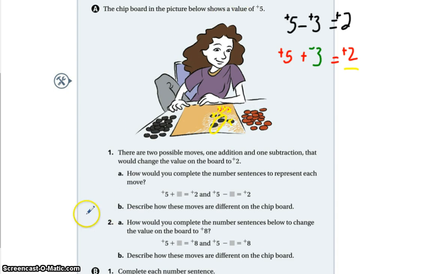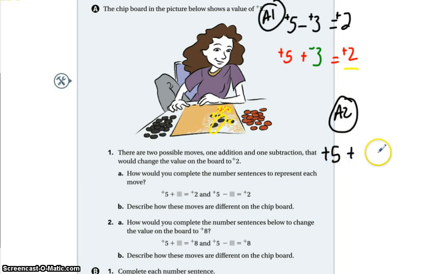All right, so let's take another look at a similar type problem. So this would be A1. Let's go over here and do A2 now. Okay, so there's A2. I'll label this as A1. And it says, how would you complete the number sentences below to change the value of the board to a positive 8? So we have positive 5 plus something equals a positive 8.